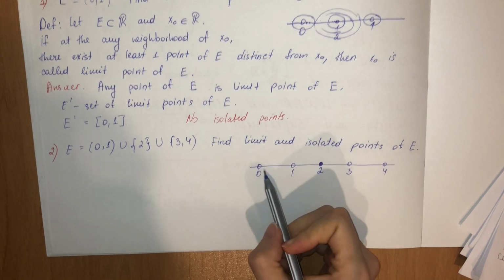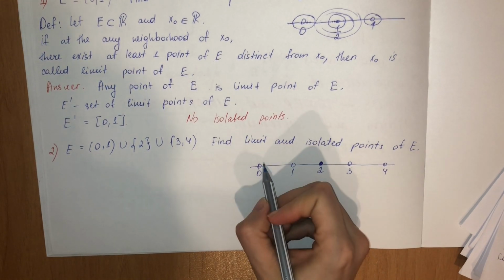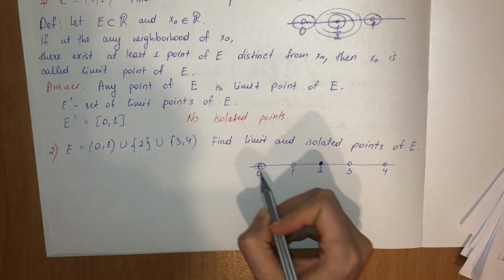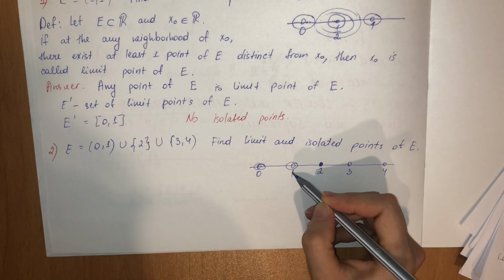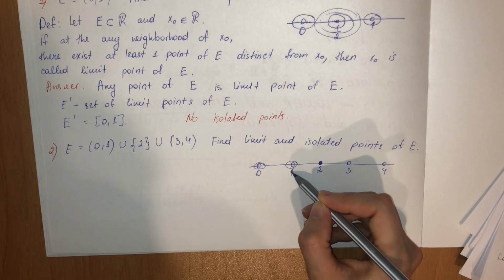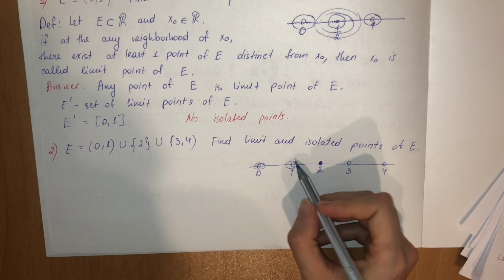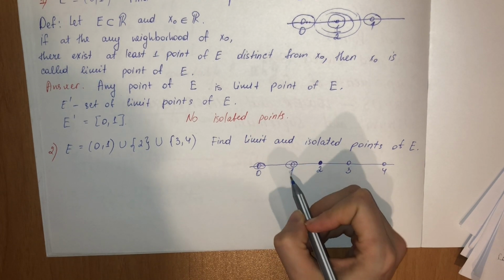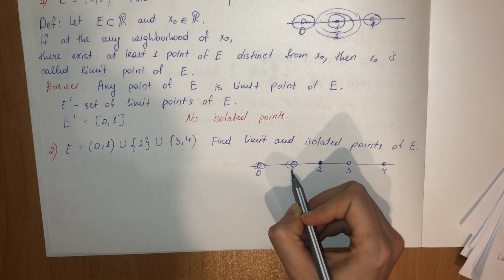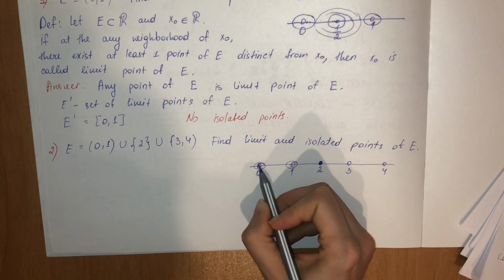It's clearly seen that for any neighborhood of 0 and any neighborhood of 1, the neighborhood includes at least one point from E distinct from 1 or 0.